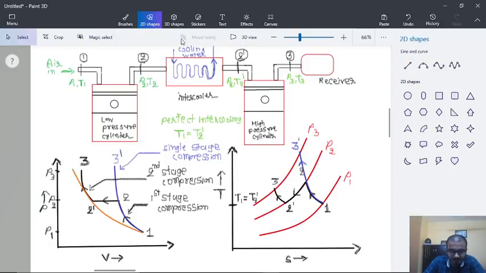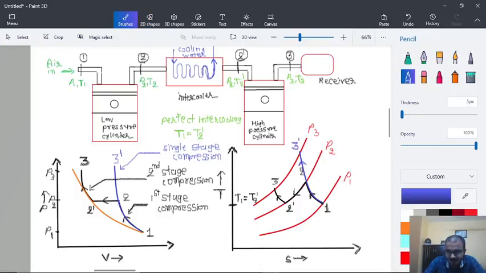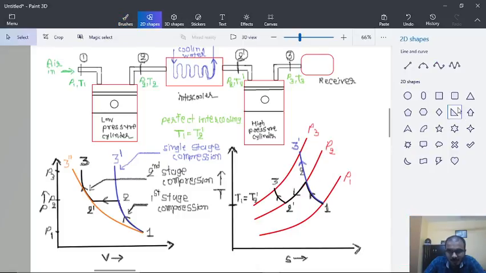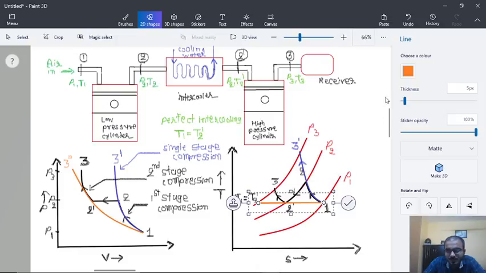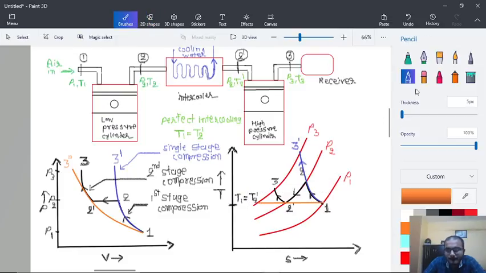So this would have been our isothermal process as 3 double prime, and the same can be seen on the TS diagram in this way. Being an isothermal process, it would have been like this, with 3 double prime over here. Okay, so this is the way it will happen, and let me complete a few other points on this diagram.